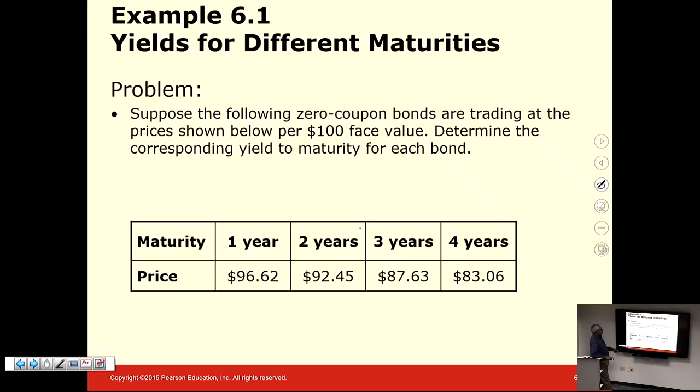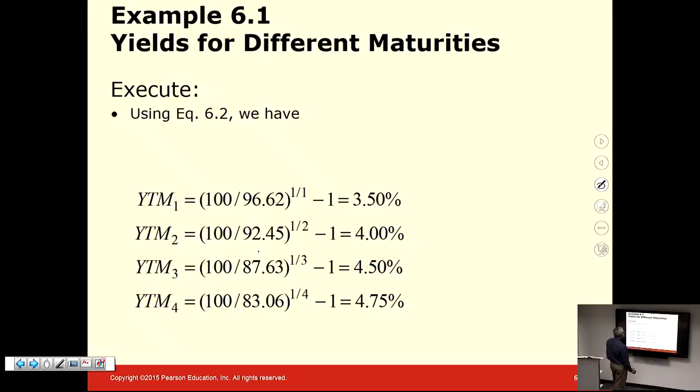So here we have different zero coupon bonds with a face value or par value of 100. So that's my future value. These are my present values, right? These are the present values for a 2-year bond, for a 1-year bond, and so on and so forth. And from this, we can calculate yield to maturity. If it's a 1-year bond, yield to maturity is 3.5.